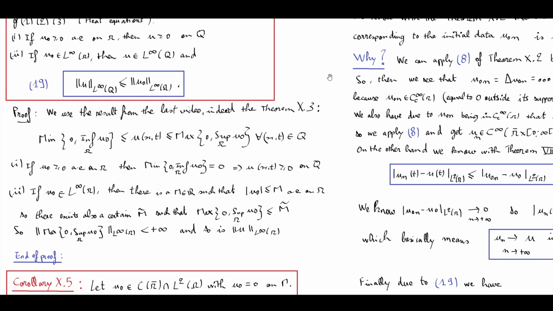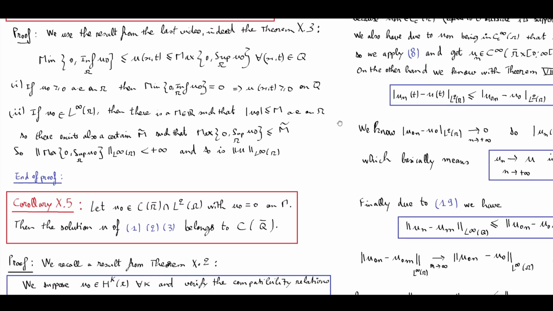So the L infinity norm of this maximum on omega is finite, and so is the L infinity norm of U0 on omega. And this is the end of the proof.